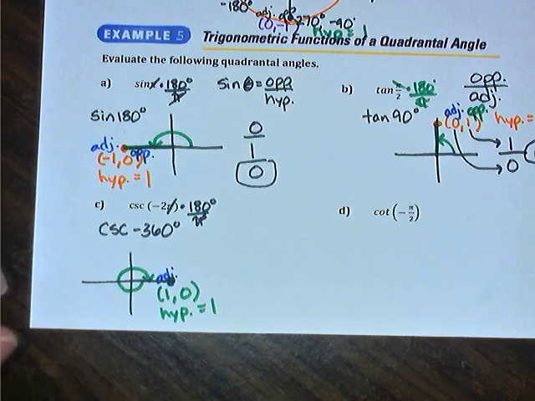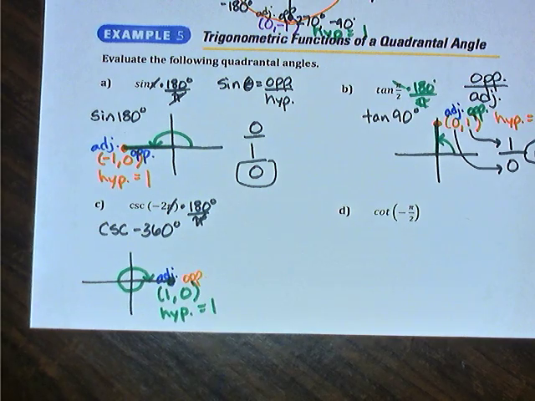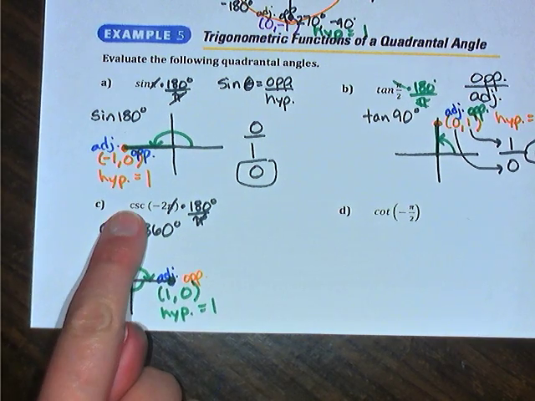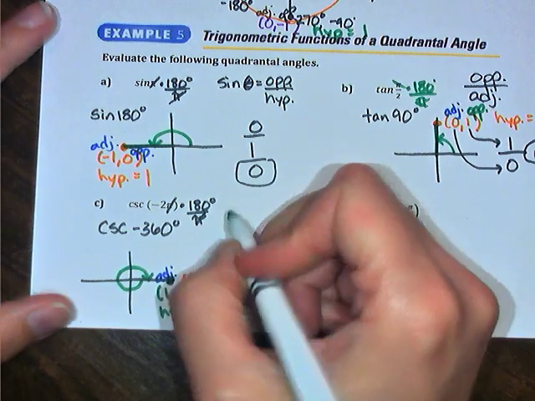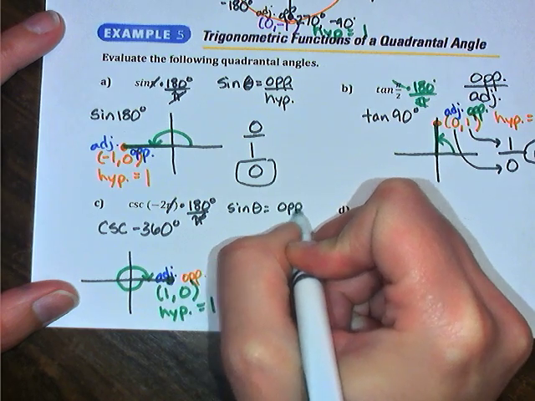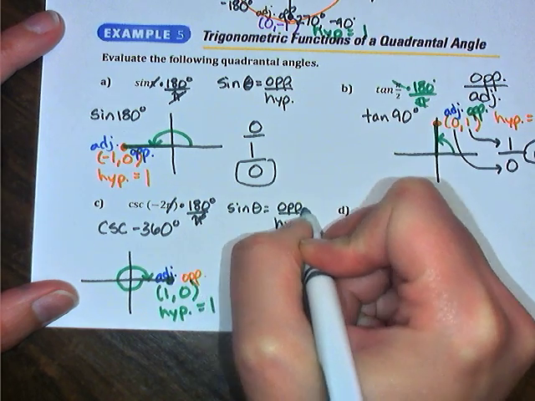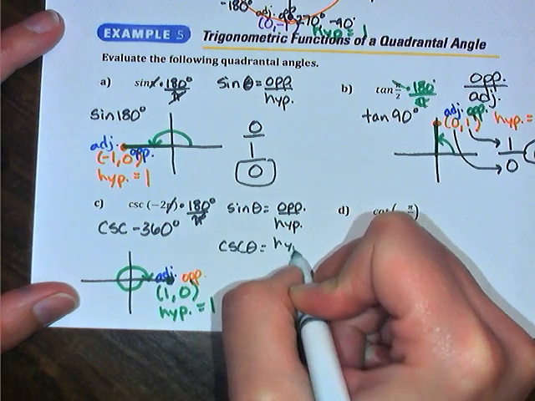Y value, always opposite. Remember, cosecant is the reciprocal of sine. So if sine is opposite over hypotenuse, then cosecant is hypotenuse over opposite.